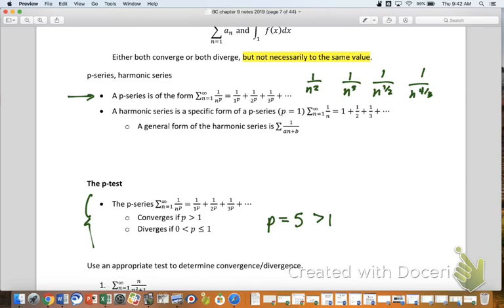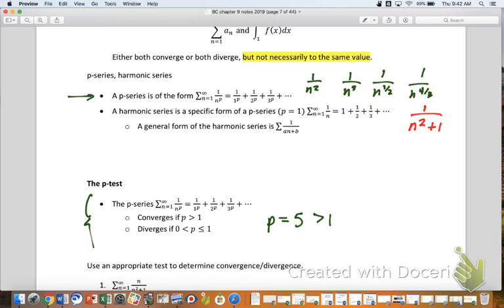For example, you might see something like this as an nth term of a series, and you say to yourself, cool, p is 2, bigger than 1, therefore by the p-series test this converges. Pause. That's not a p-series. What messes it up? The plus 1. There are ways to deal with this, of varying difficulty, but that's not a p-series, so don't use the p-series test on that.